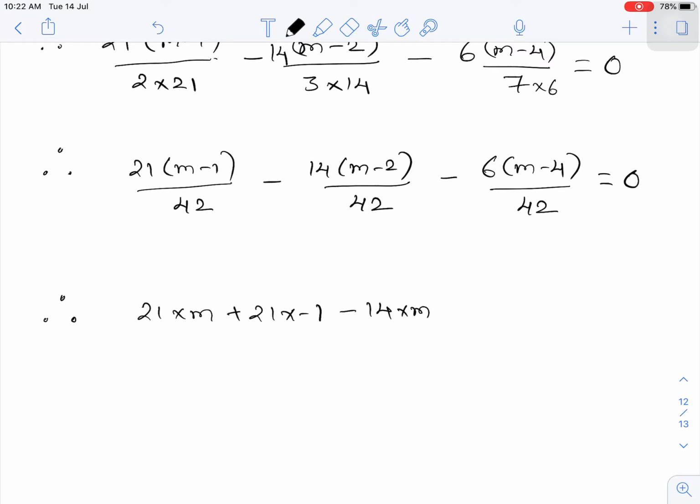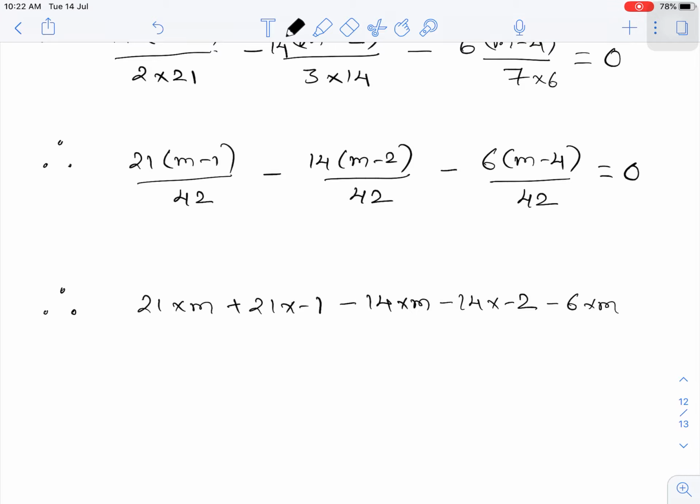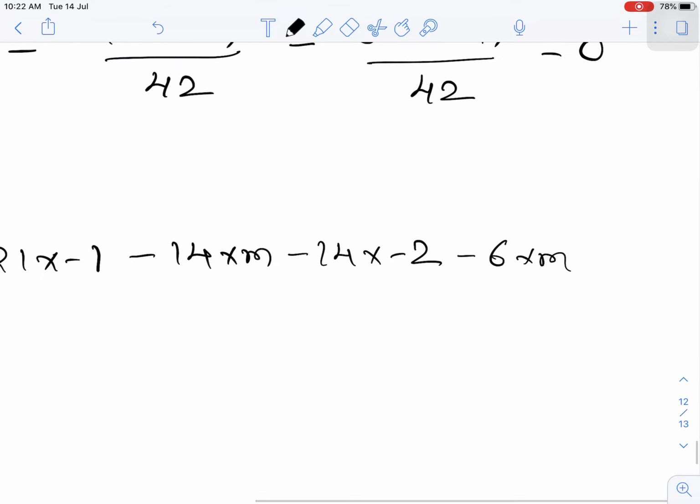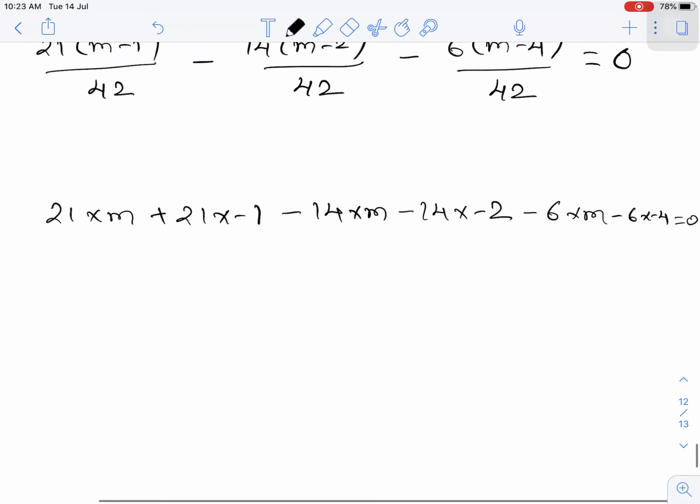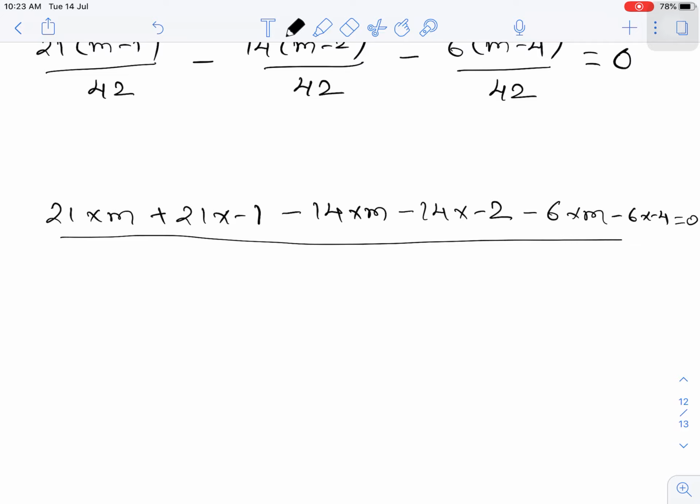Then what you will get, this minus 14 will multiply to minus 2, then this minus 6 will multiply to m, and then this minus 6 will multiply to minus 4. Equals to 0, and each one of them, this total denominator will be how much? It will be 42.